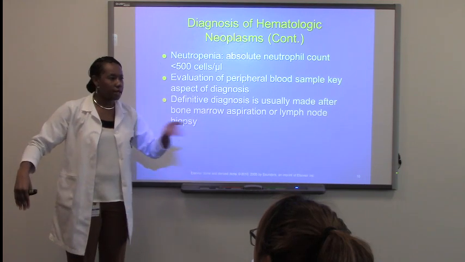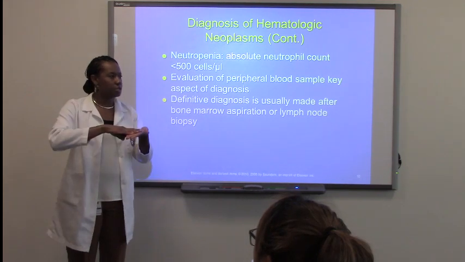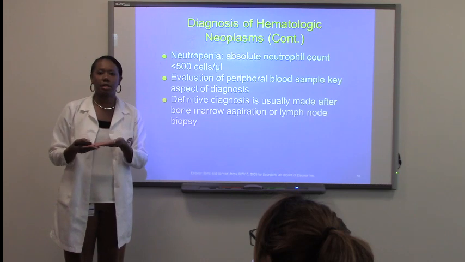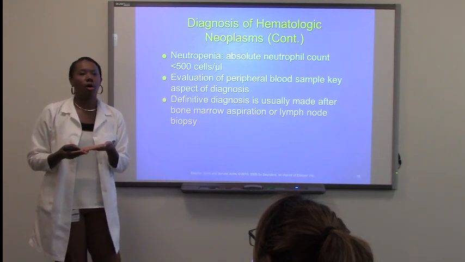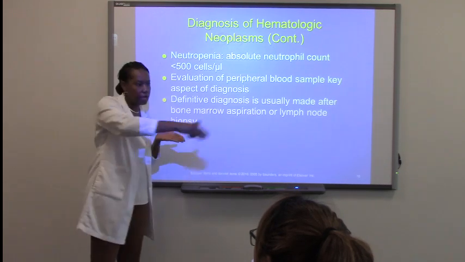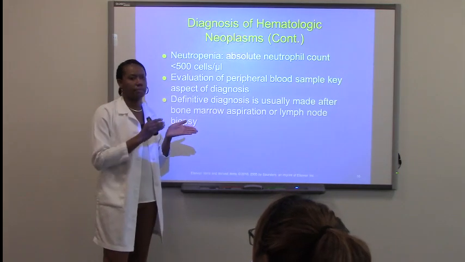Let it air dry, put a cover slip over it, and then you're actually going to look at these cells under a microscope. What do you think is the purpose of doing that whole peripheral smear? It's a smear.